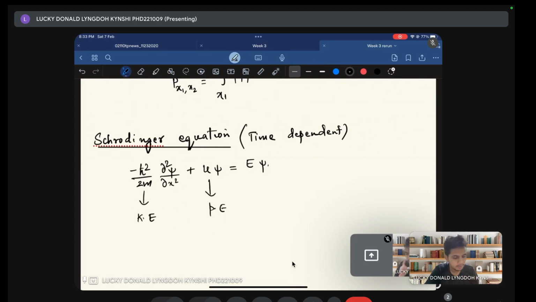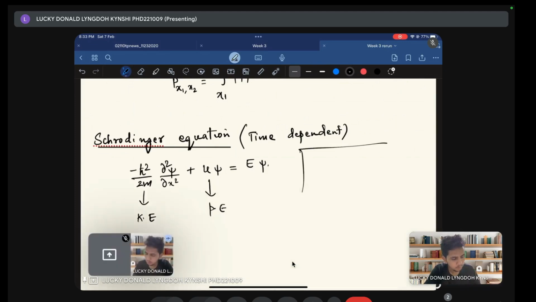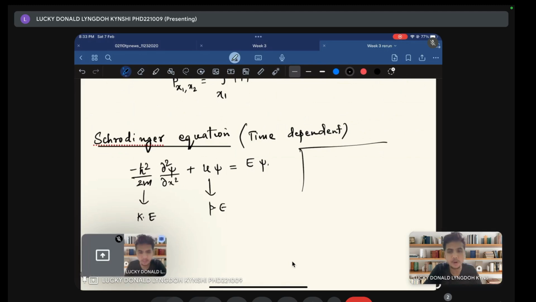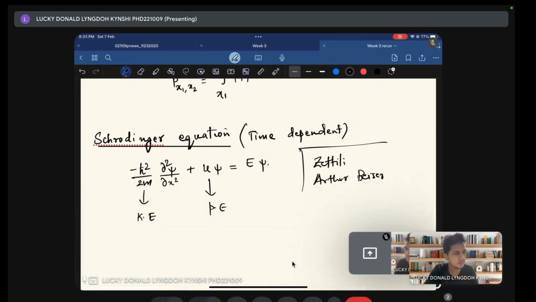The whole derivation of this Schrodinger equation you can have a look at, which is also available in the textbook I have just given you, Quantum Mechanics by Zettili and Arthur Beiser. The whole derivation is given in there.